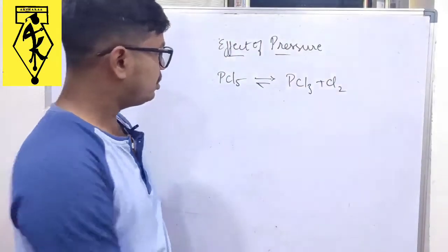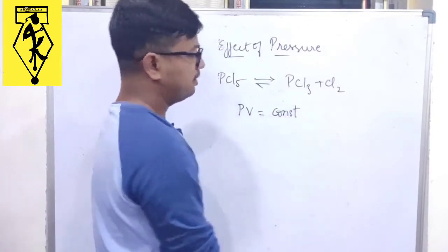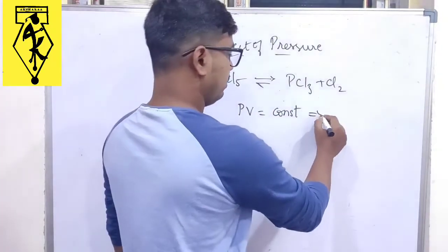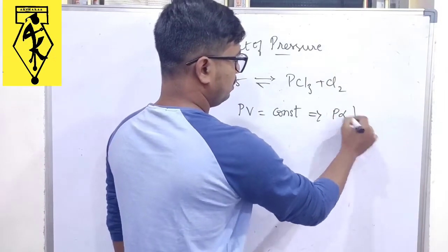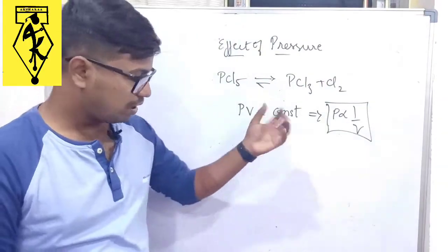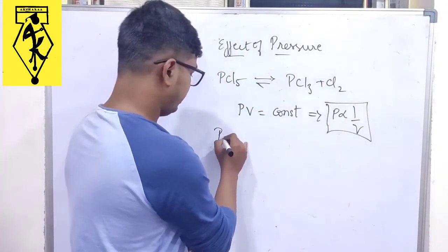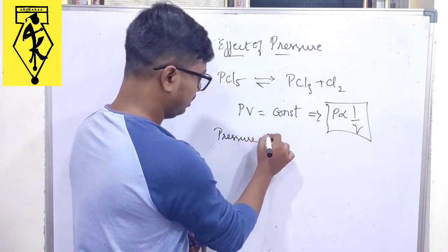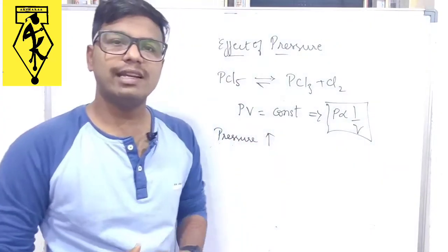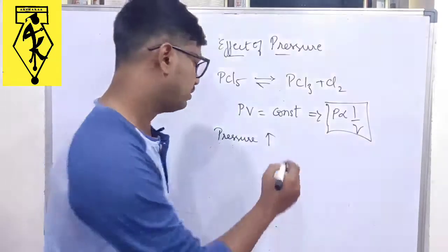We know the condition where pressure into volume is equal to constant always. That means pressure is inversely proportional to volume. Now the point comes. So what if pressure increases? If pressure increases, the reaction moves towards the direction where there are less number of moles.